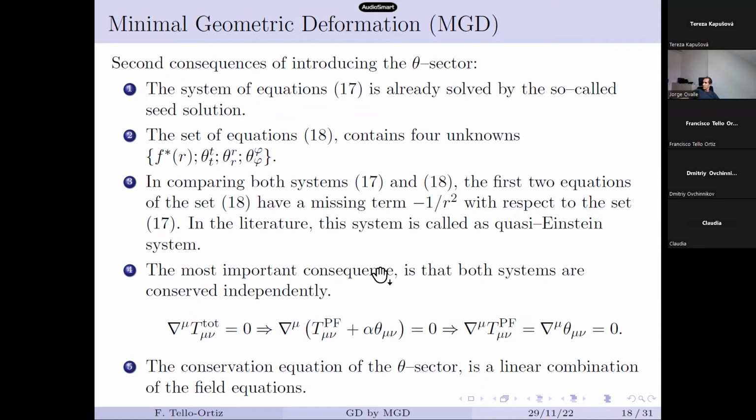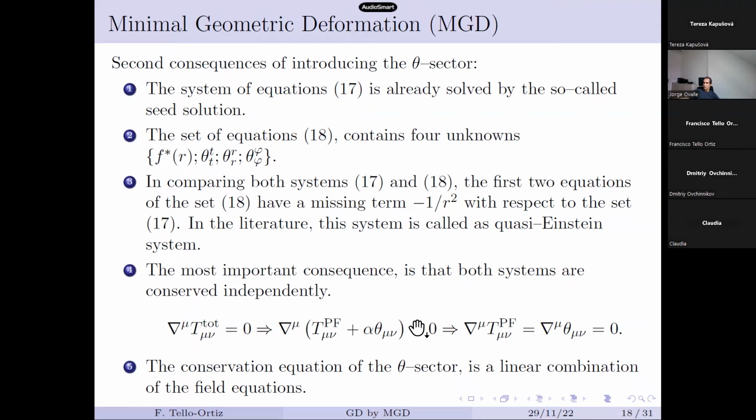I mean, at the beginning, we started with the Einstein tensor equal to an effective or total energy momentum tensor, the perfect fluid plus the theta mu nu. But it is obvious that if the Einstein tensor satisfies the Bianchi identities, the effective or total energy momentum tensor too satisfies the Bianchi identities, okay? But in this case, how does this zero come here?